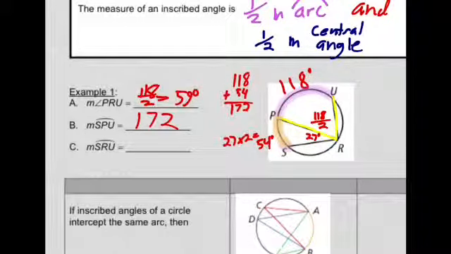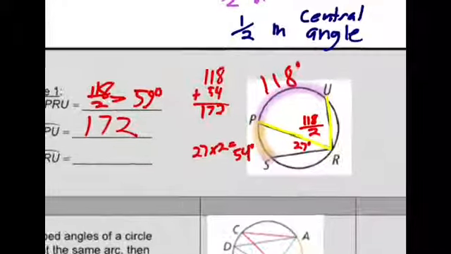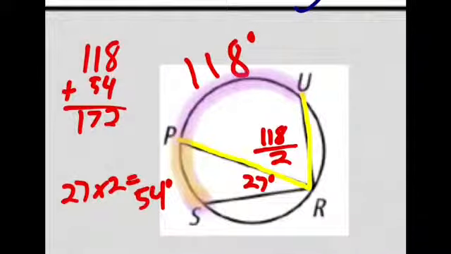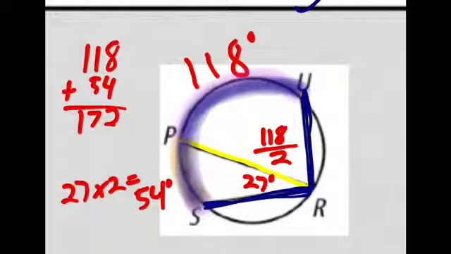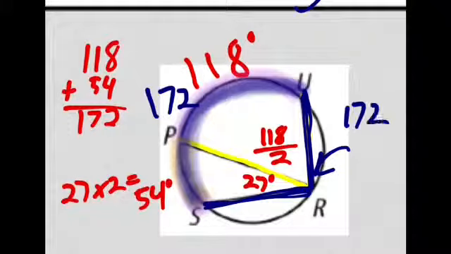And finally, SRU. It wants the measure of SRU, this entire big thing, and we know that we have this measure right here, SPU. What was this measure? 172. So what is SRU? This whole thing is 172, so SRU is 172 divided by 2.